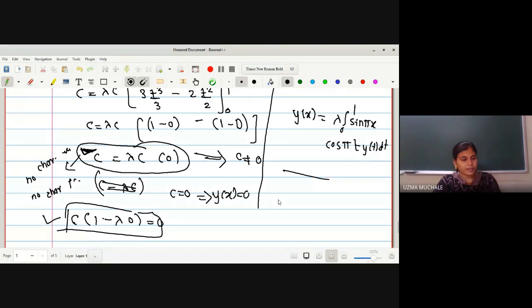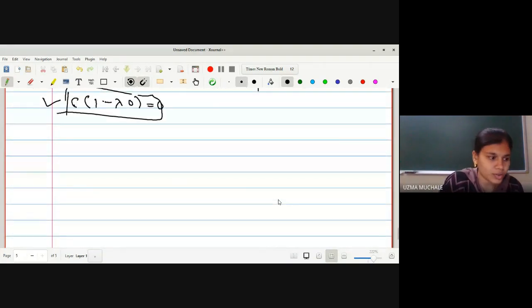In the next lecture, we will solve for C1, C2. Okay, you can write one example for homework. Try to solve for C1, C2. Up to now, we are solving for only one constant. Try to solve this example. y of x is equal to lambda integration 0 to 1 6x minus t y of t dt.